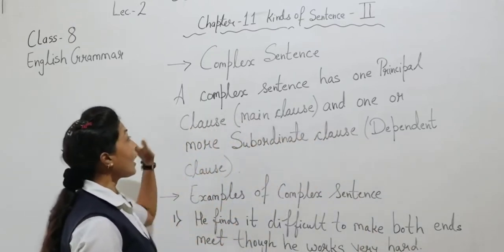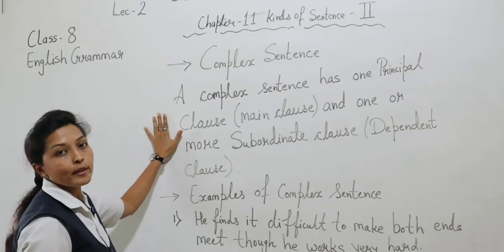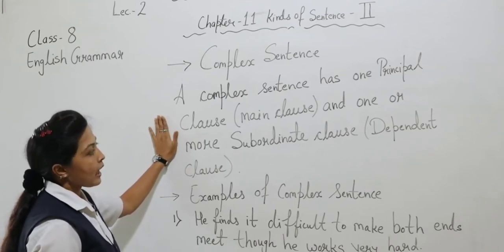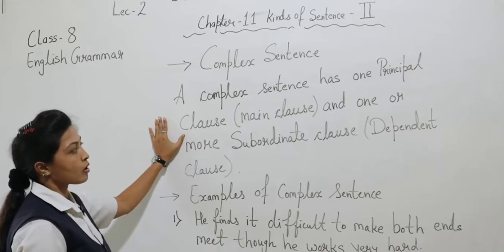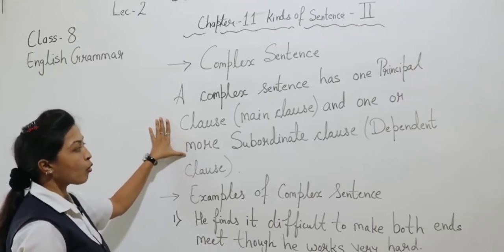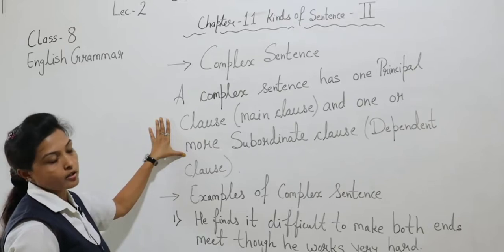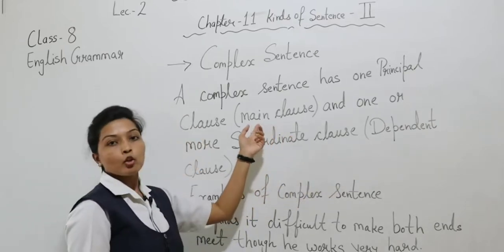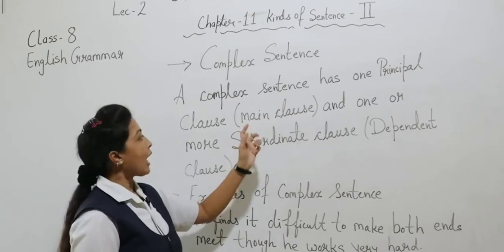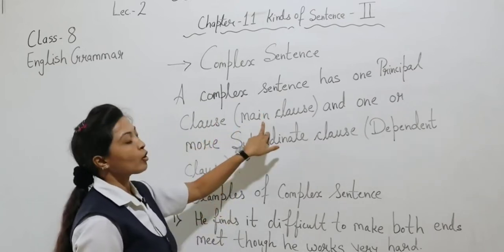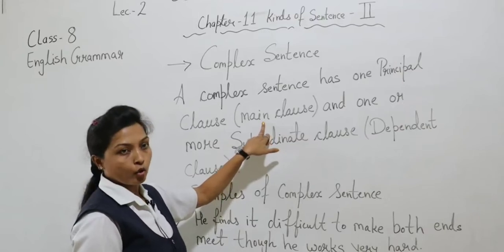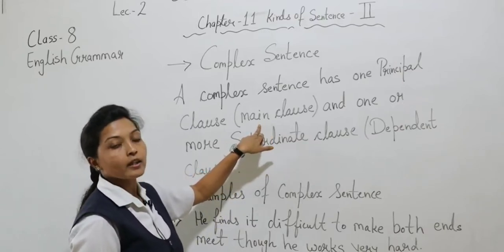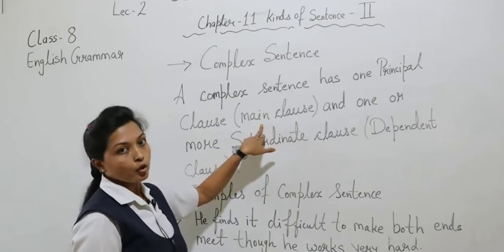So, as per the definition, a complex sentence has one principal clause and one or more subordinate clauses. Subordinate clauses are dependent on the main clause for their meaning, and the principal clause, that is the main clause, is an independent clause. It has its own meaning, its own sense, and it expresses its own thought.